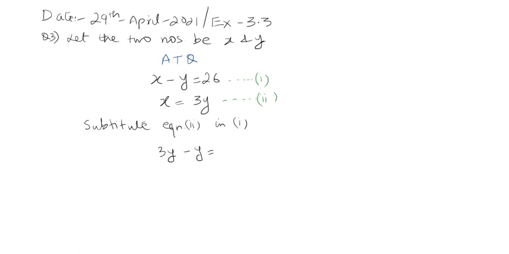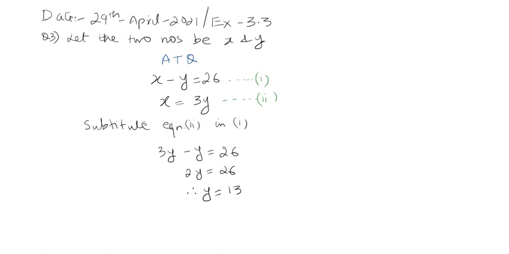So 3y minus y is equal to 26. So that is 2y is equal to 26. Therefore y is 26 by 2, that is 13. Now we can substitute this value as the value of y in the first equation.